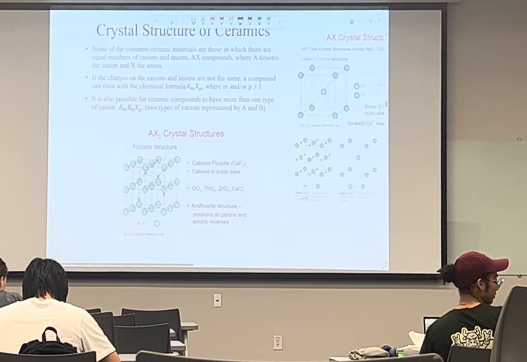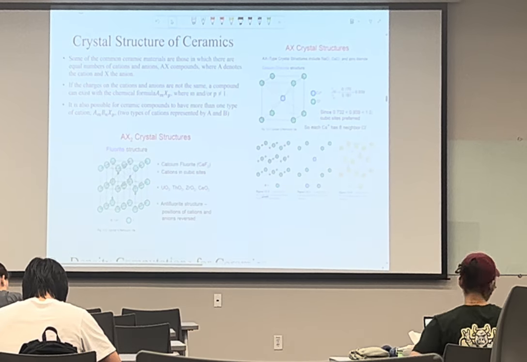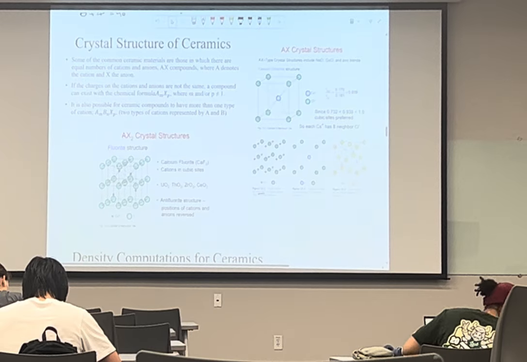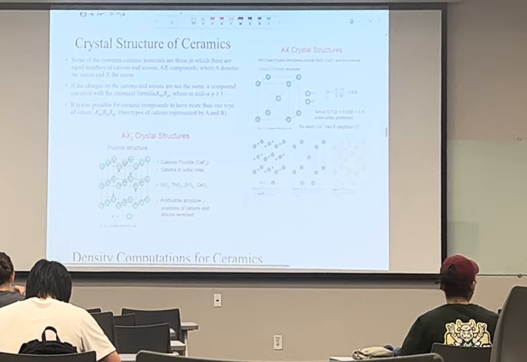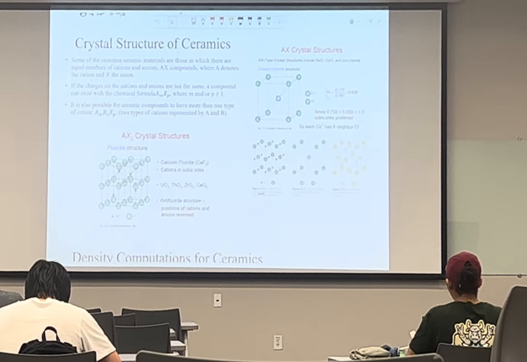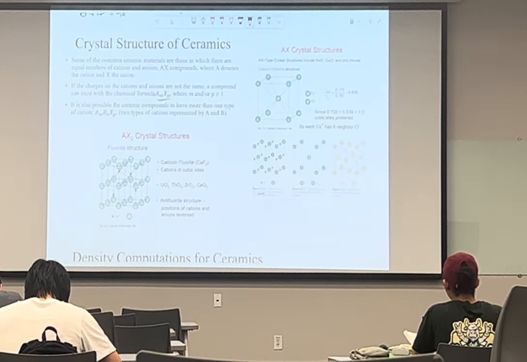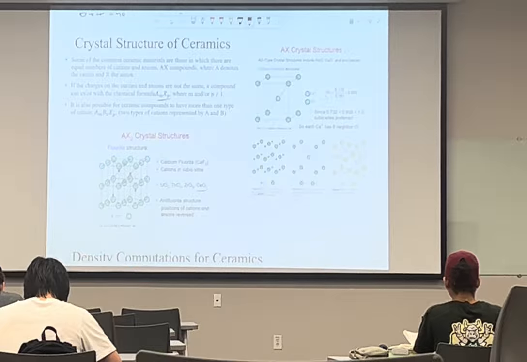But anyway, it's just some basic definitions. We can have different numbers of cations and anions in our structure, which we show as A_mX_p, in which m and p are shown here, for example, oxide.